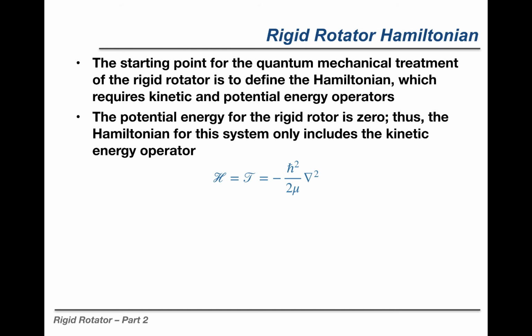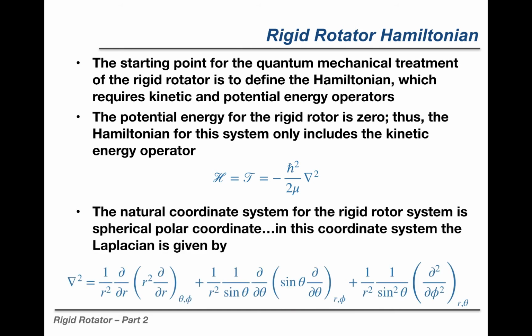And so the Hamiltonian is given exclusively by the kinetic energy operator, which I've written down below as negative ħ² over 2μ times the Laplacian. You'll notice I've used μ here, the reduced mass, and we're drawing this form of the kinetic energy operator from our previous description of a two-body system, the harmonic oscillator.